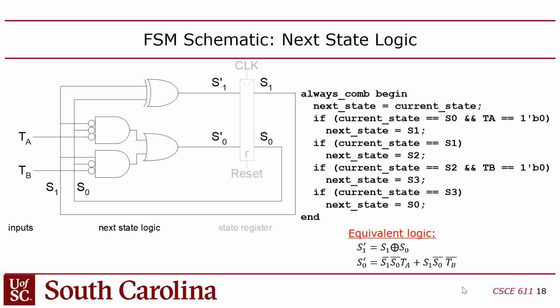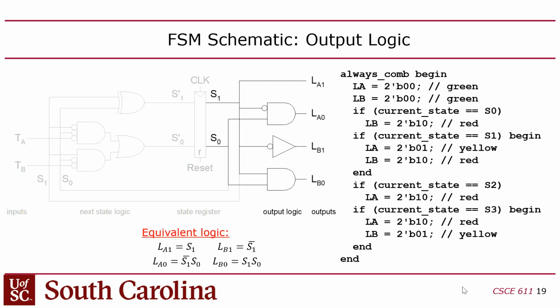Okay, and then the output logic looks like this. It's just taking S1 and S0 and putting them into logic gates to generate the light signals. Okay, so that's the digital logic version.